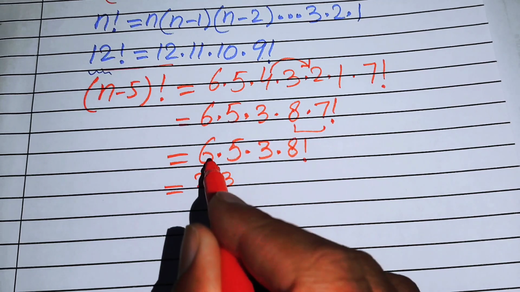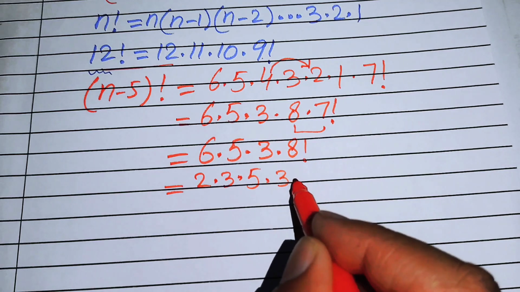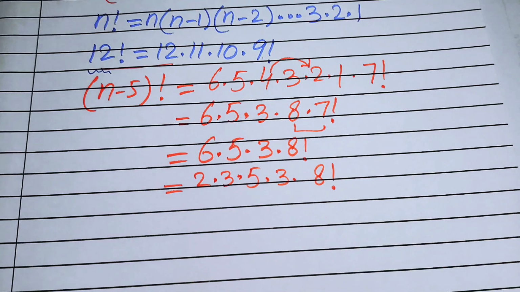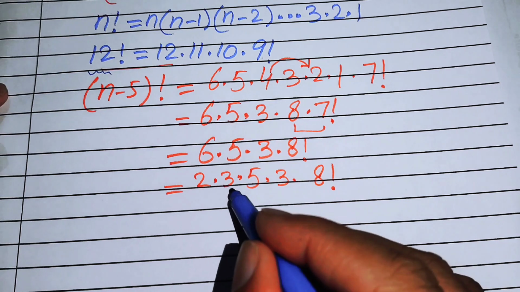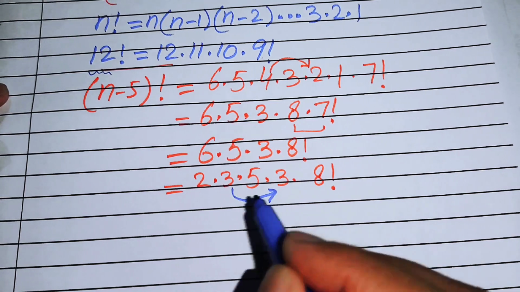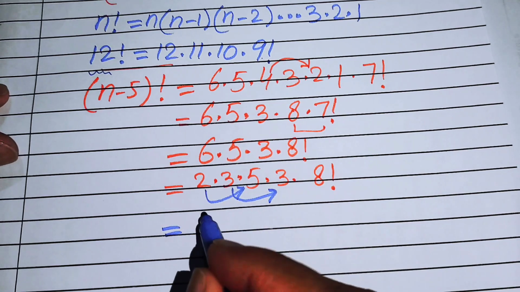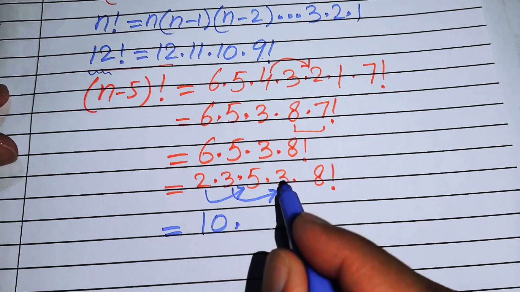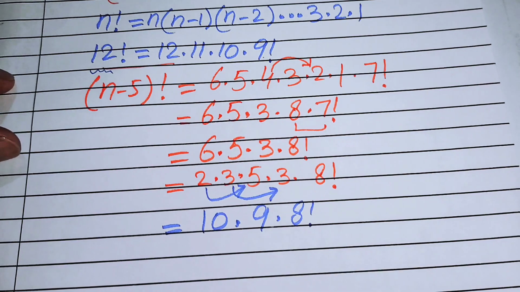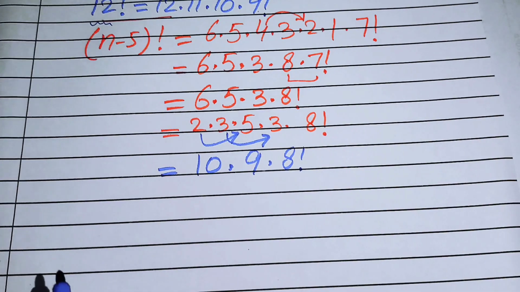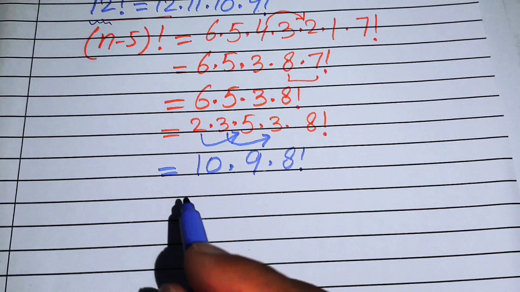You know that 2 times 3 becomes 6, and we have 5 times 3 times 8 factorial. Now in the next step we will multiply 3 by 3 and 2 by 5. So 2 times 5 is 10, and 3 times 3 is 9, times 8 factorial.